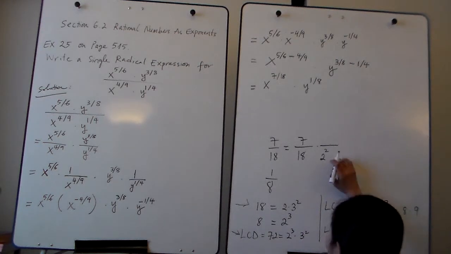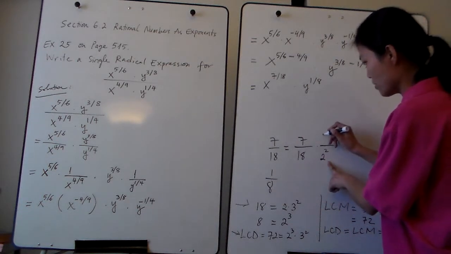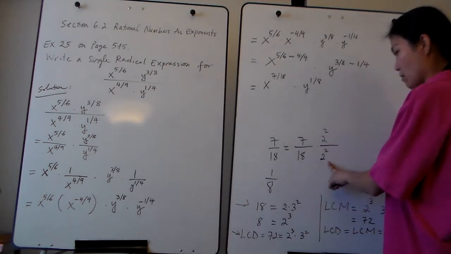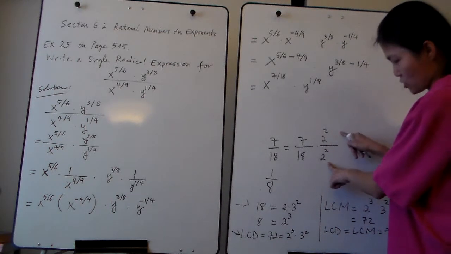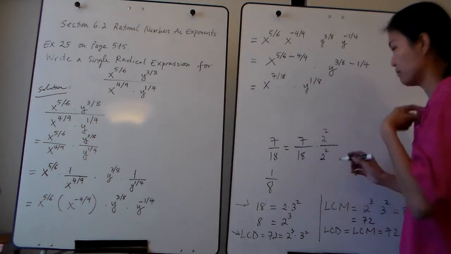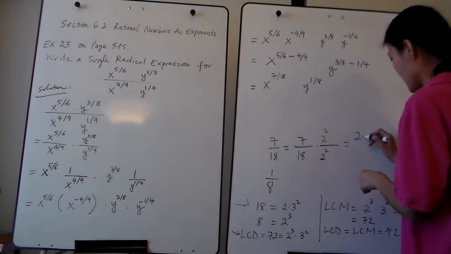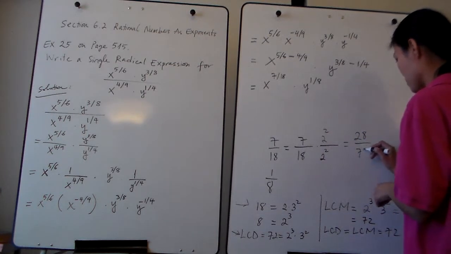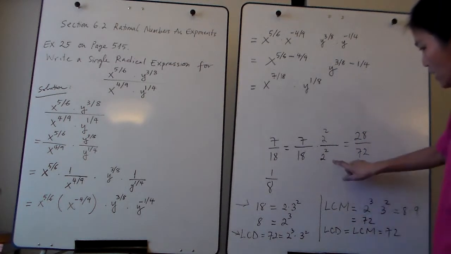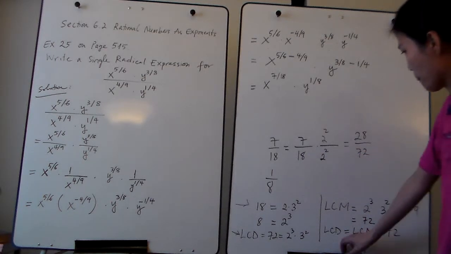You include the factor that you miss out. So 2 squared is 4. You need to multiply 2 squared on top as well, so that you won't change the original fraction 7 divided by 18. Simplify, you get 4 times 7 is 28 divided by 72. Again, 4 times 18 is 72. That's what we want.